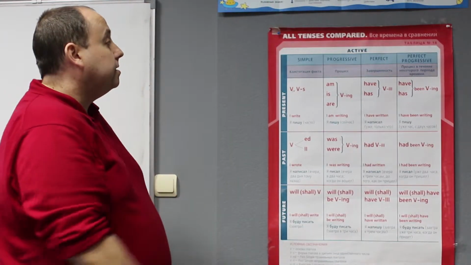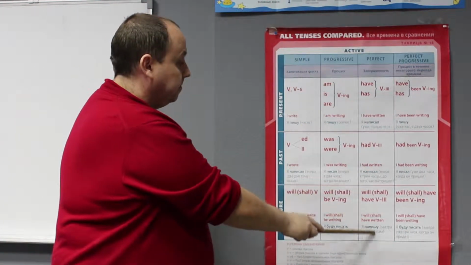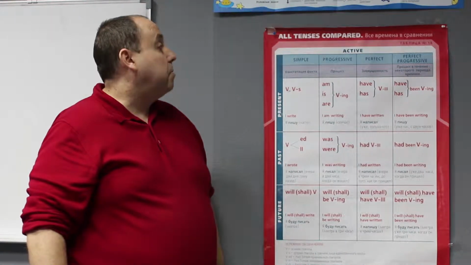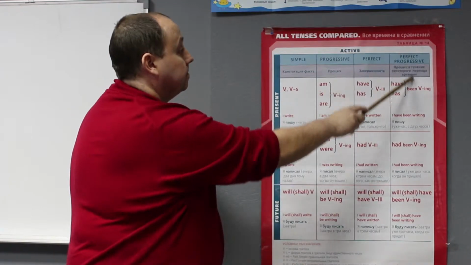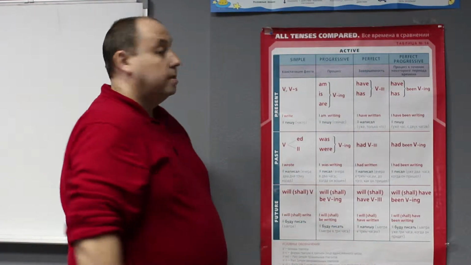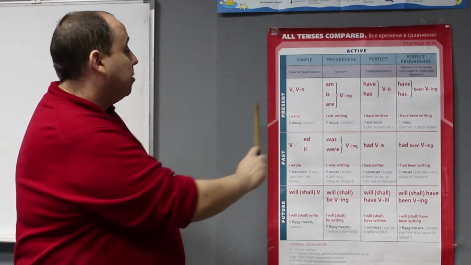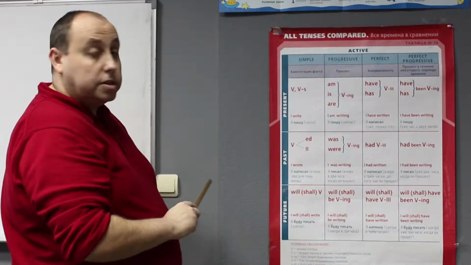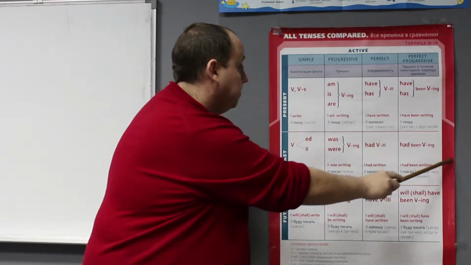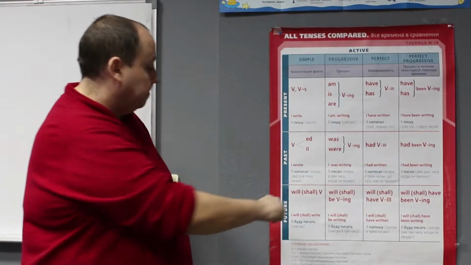Then we have the perfect. And finally we have the perfect progressive, also called the perfect continuous. And from left to right we have the present, the past, and the future.